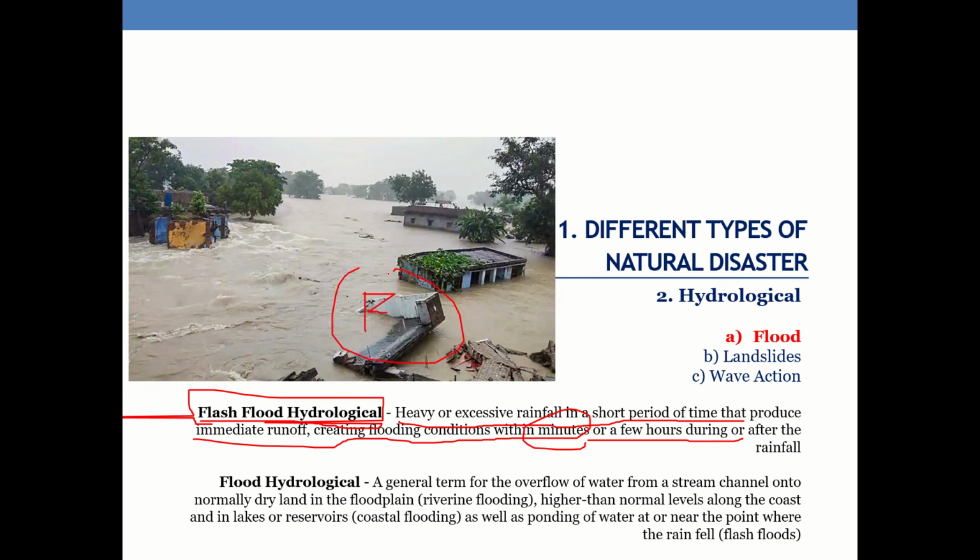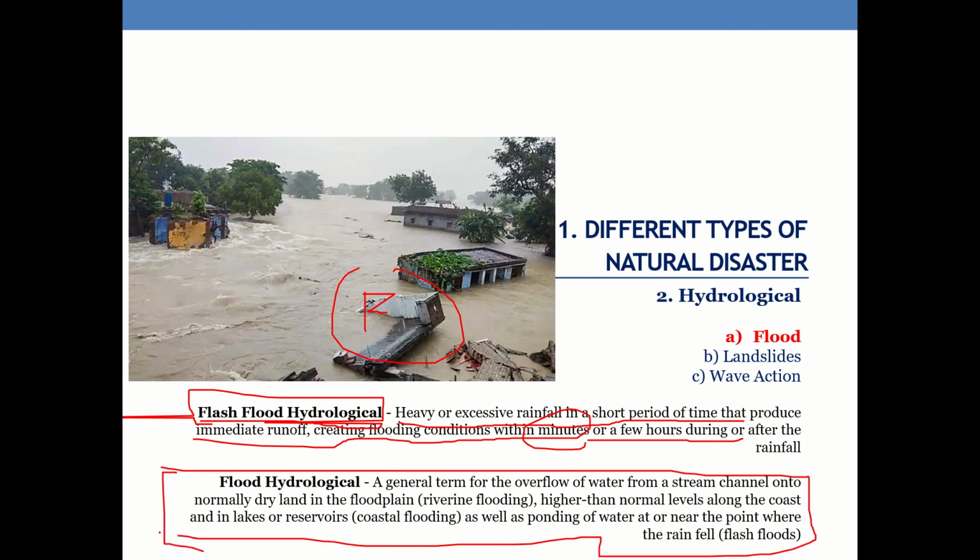The second type of flood, for which many of the cities are designed, and we do take care of this primarily, is a general term for overflow of water from stream canals onto the normal dry land in the floodplains, higher than the normal level along the coastlines, in terms of reservoirs.